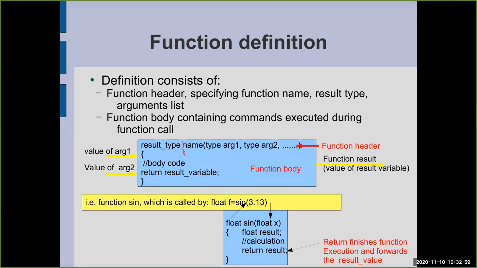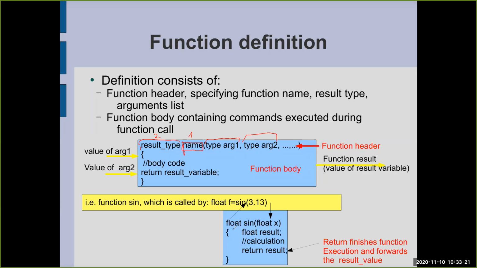So the first element is the function name. The second, so this is the first one we should start. The second is the function type, and then we have the type of arguments here.